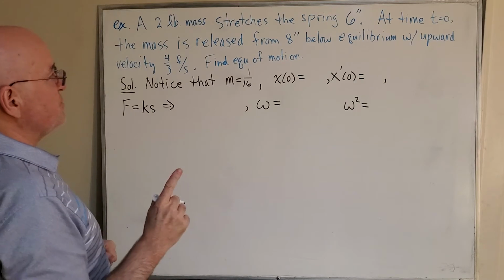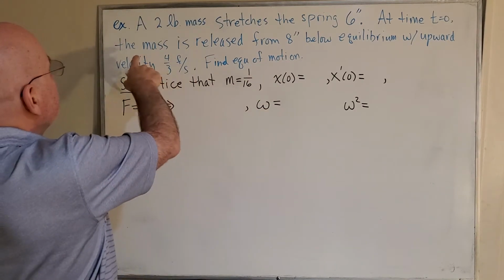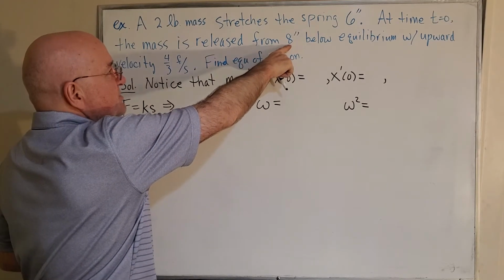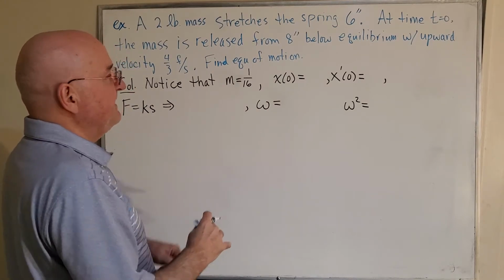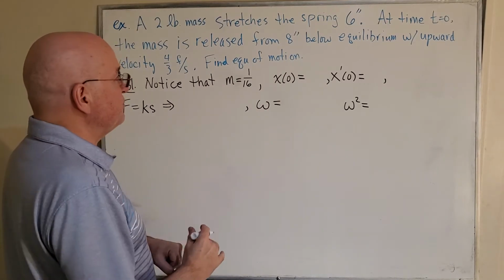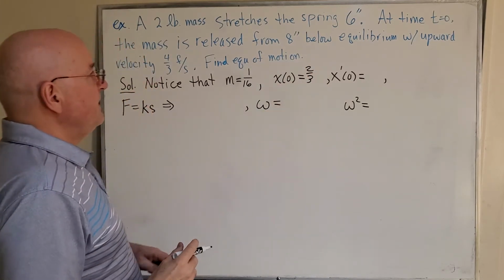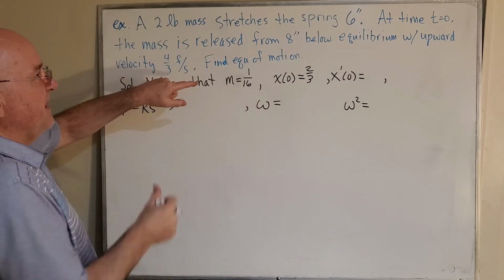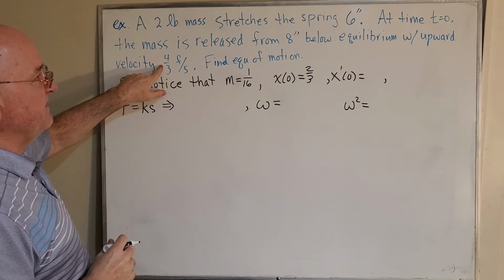What is the initial position? At time t equals 0, the mass is released from 8 inches below equilibrium. Below means positive. 8 inches in feet would be 8 over 12, or 2/3. The velocity is not 0 this time because they're applying some upward velocity of 4/3 feet per second.